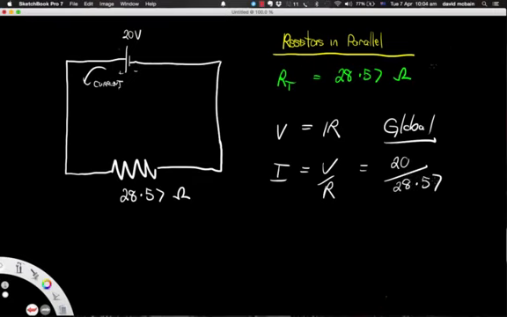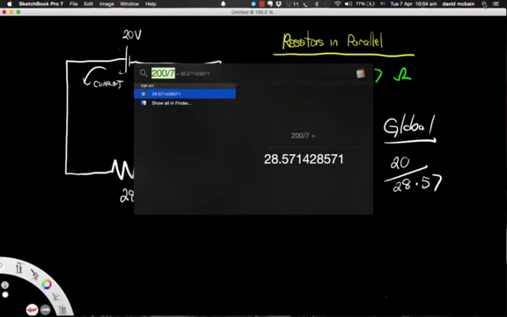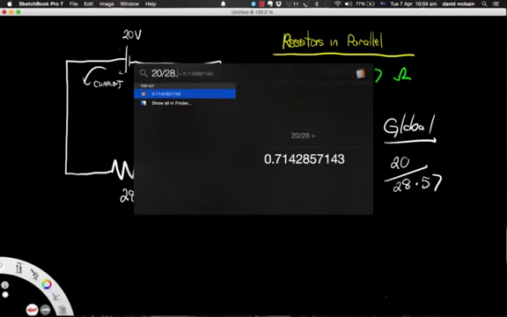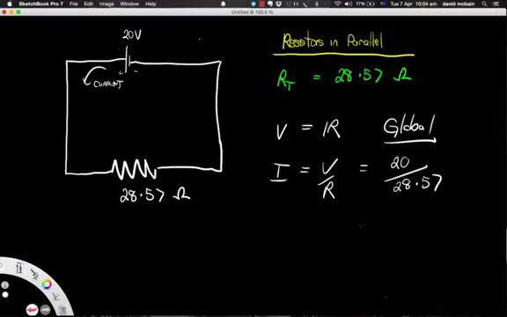So we now go 20 divided by 28.57. We should get an answer very close to 0.7, and in fact we do. So that's very, very close to 0.7 amps.